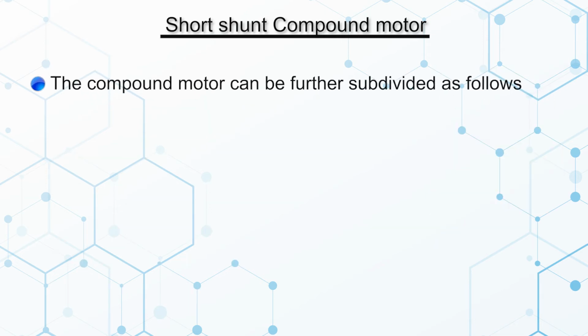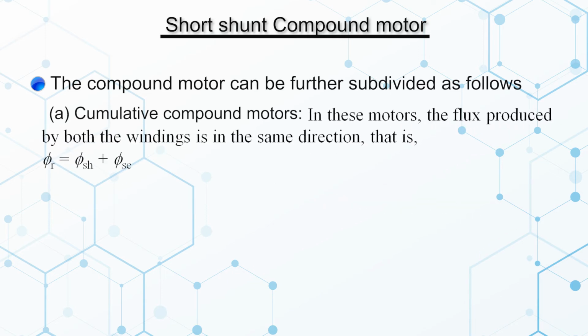So the compound motor can further be subdivided as follows. First one is the cumulative compound motor. In a cumulative compound motor, the flux produced by both the windings is in the same direction, that is phi r is equal to phi sh plus phi se, where phi r is the resultant flux, phi sh is the flux developed by the shunt field winding and phi se is the flux developed by the series field winding.